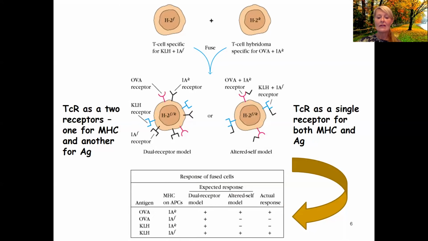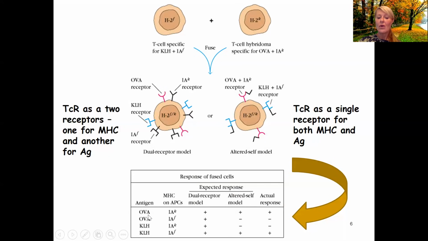And then they said, okay, if it's a dual receptor model, here's the response we would expect. If it's like this, then any combination of these will give a positive response. The fused T cell will proliferate and produce cytokines, for example. However, if it's an altered self, it won't.